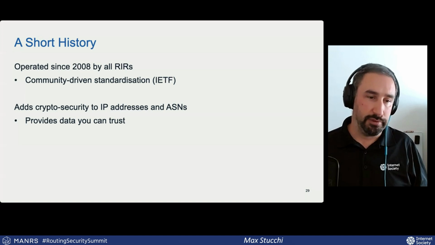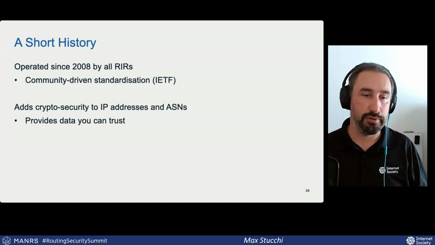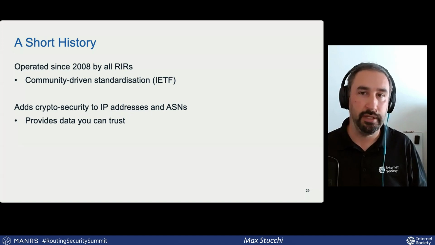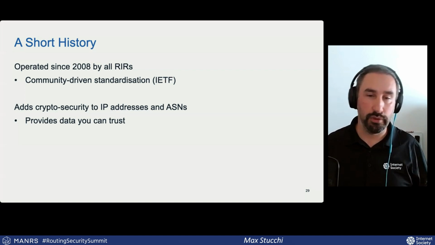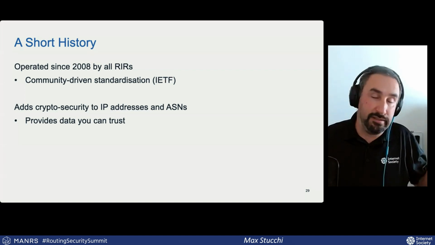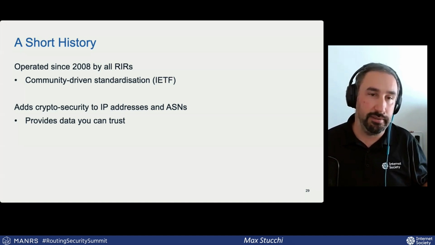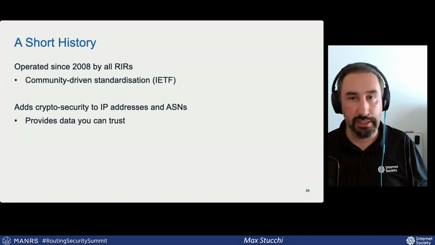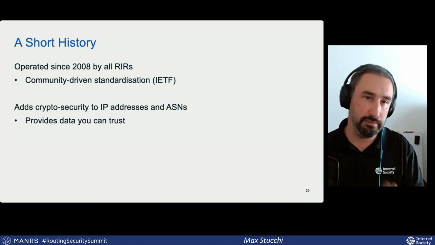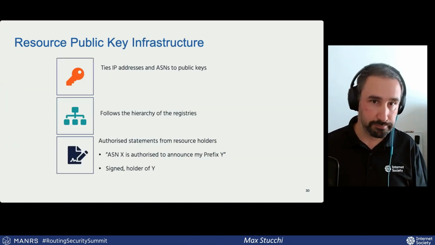So adding what's called crypto security, and this enables you to get data you can trust. Because instead of having more than 30 databases, you just have one big database operated by the 5 regional registries. So it's all in a limited number of places, and it gives you data you can verify.